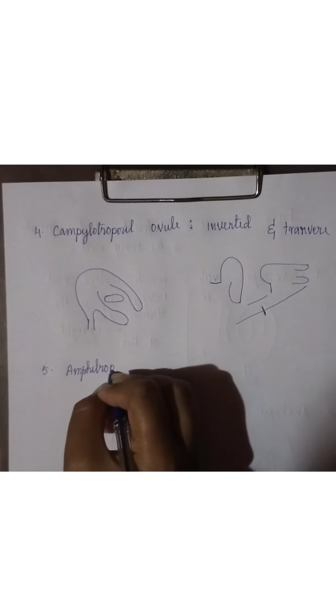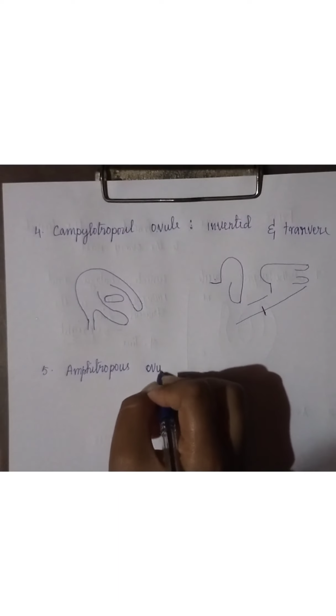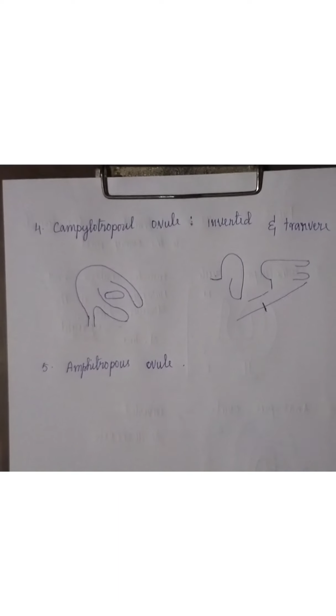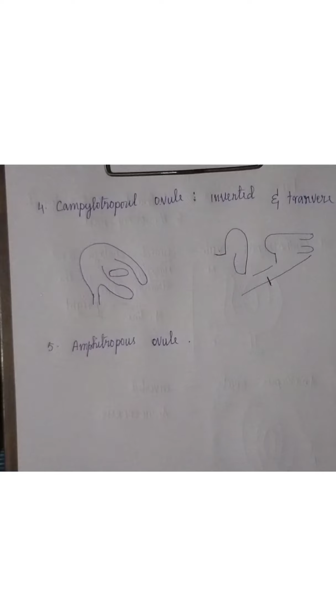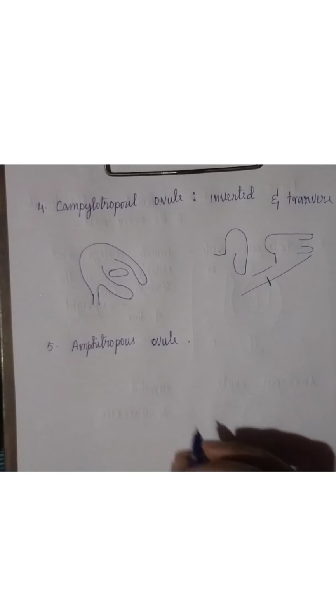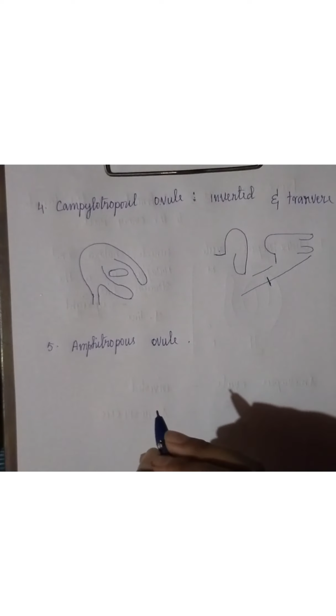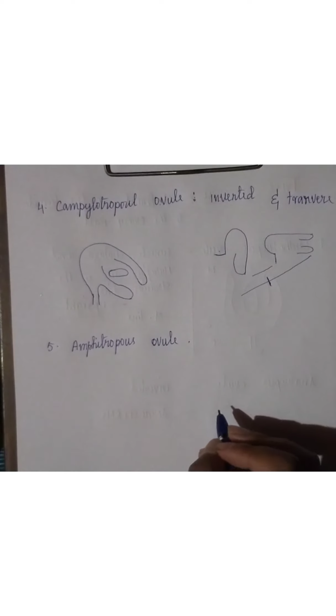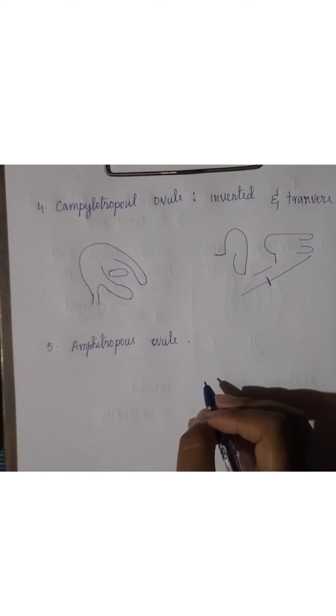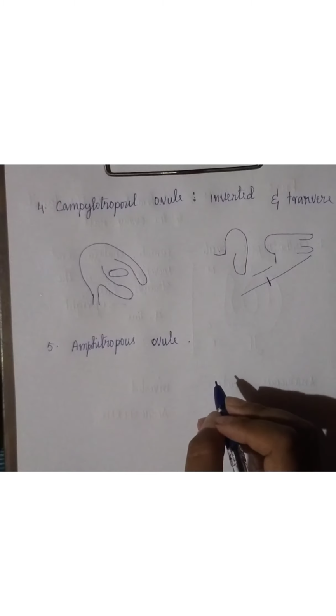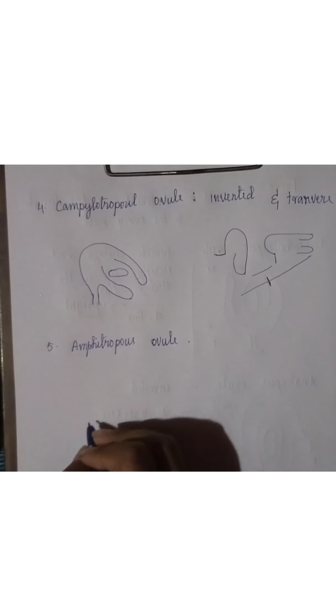And then the next type of ovule is the amphitropous ovule. The amphitropous ovule is like the campylotropous ovule. The shape is like the campylotropous ovule. The angle lies between the inverted and the transverse.